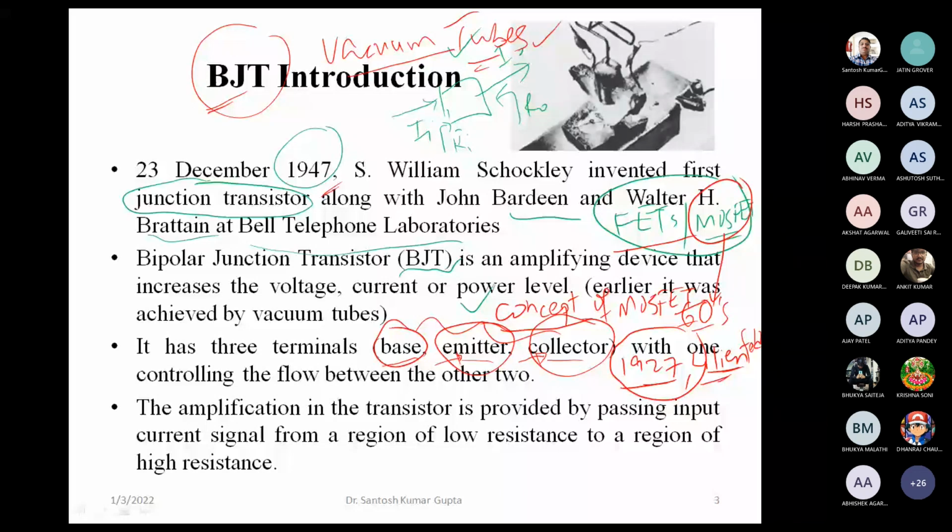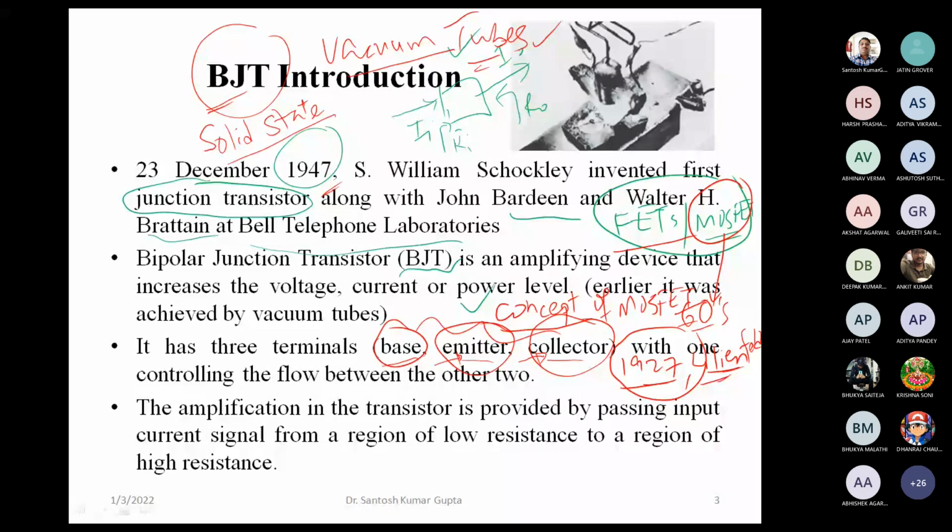In these solid state devices, no air and no other things are involved. The device is made of a solid material, a semiconductor, and these are much smaller in size and very lightweight as compared to the vacuum tubes.